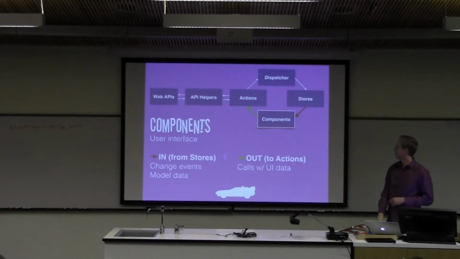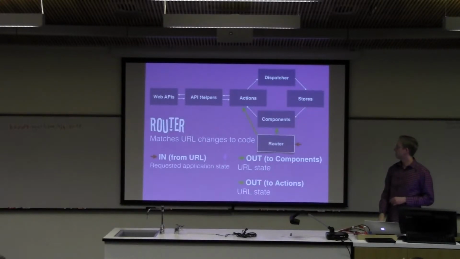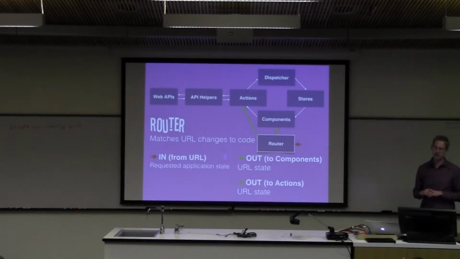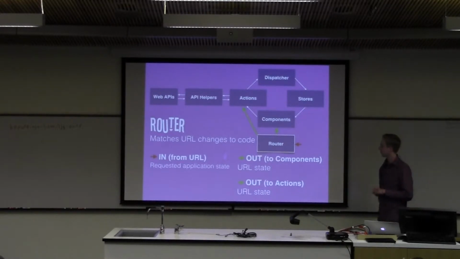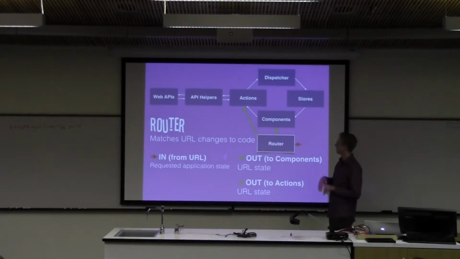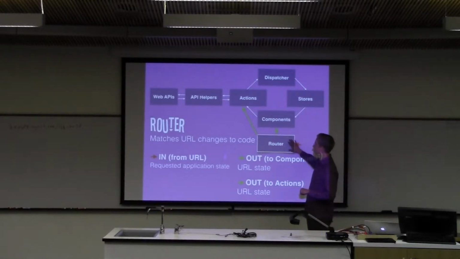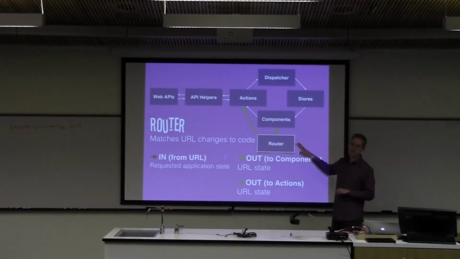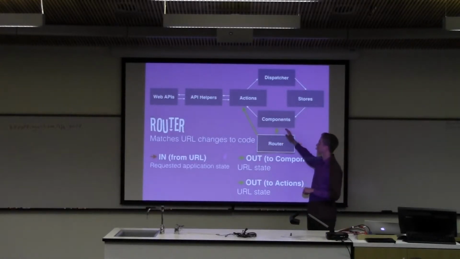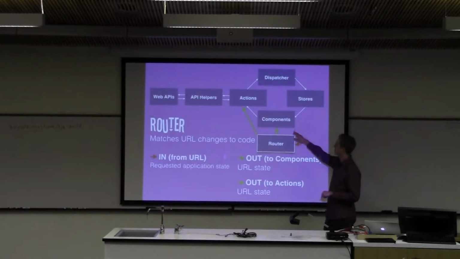So that's the flow. There's one other bit that isn't part of Flux as a discussion, but as you write interesting front-end apps, you're probably going to have a router there as well. And I see the router as being incorporated into this as the starting point, right? I change the URL, ask for a different UI state, and this is where I start entering the Flux cycle.